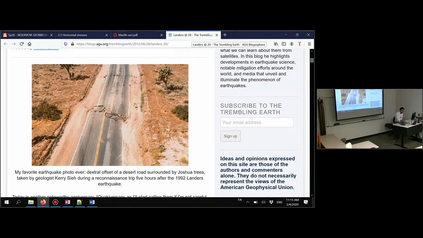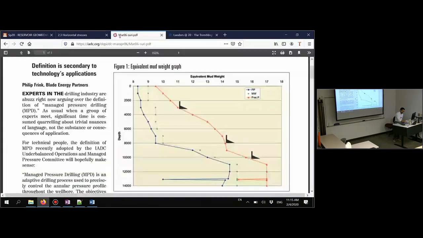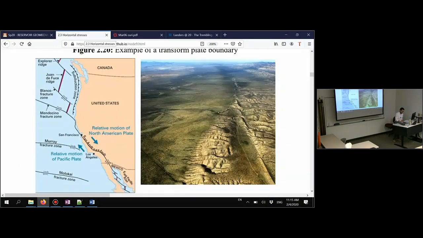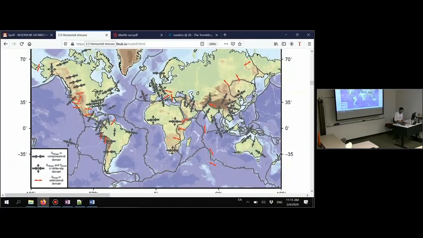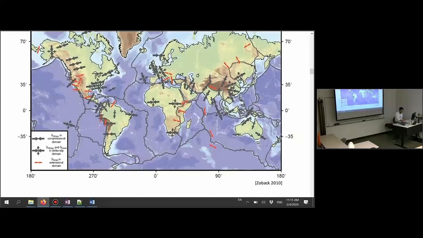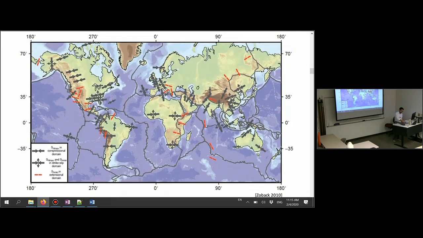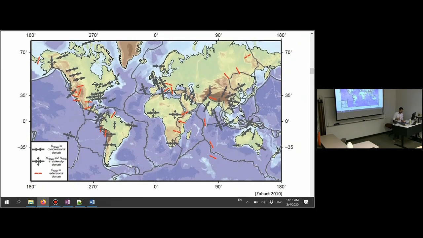But in general, the variation of horizontal stresses is linked to the tectonic plates. I'm sure you remember this from your geology class about the tectonic plates. For example, which tectonic plate is this one, here on the far left of the map?